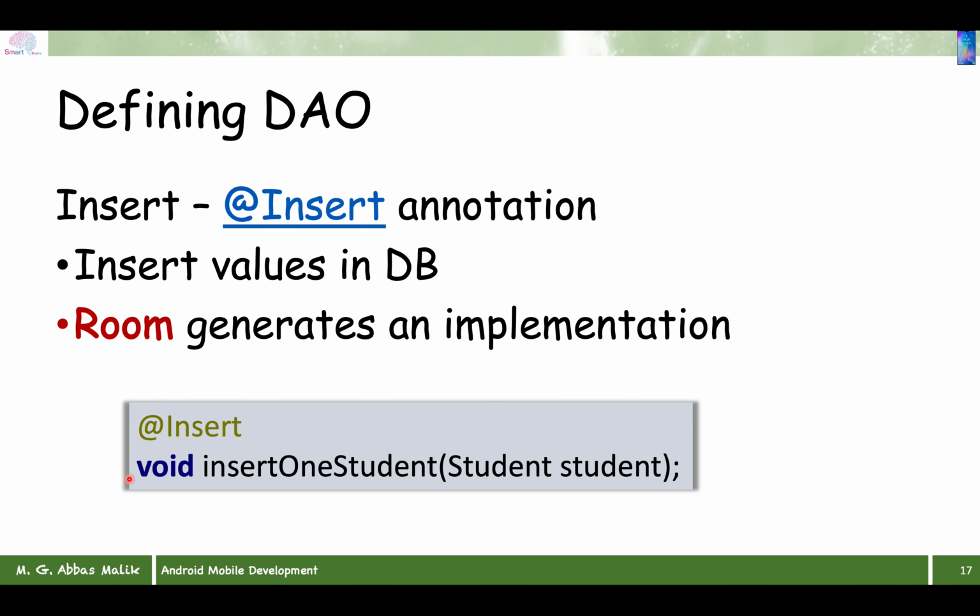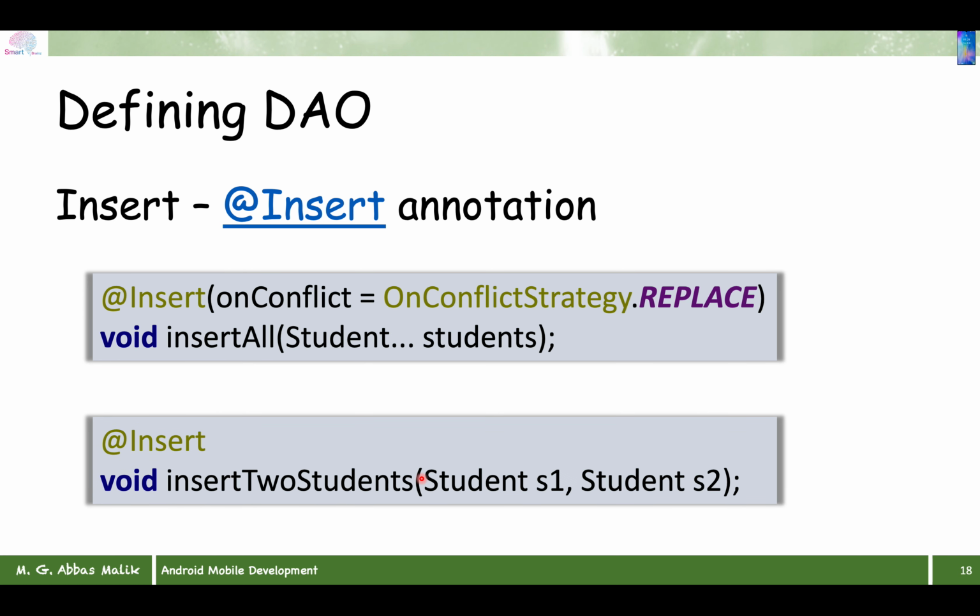So we provide something like this: @Insert, we are going to insert some information, and because we are passing a student as an object, it will insert inside the student table based on the information present in that parameter. It is not going to return anything, and this is the name of the method.